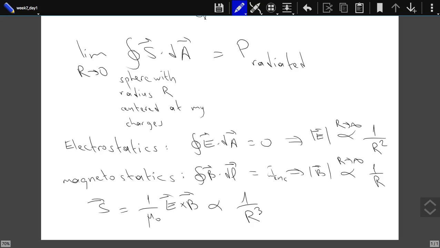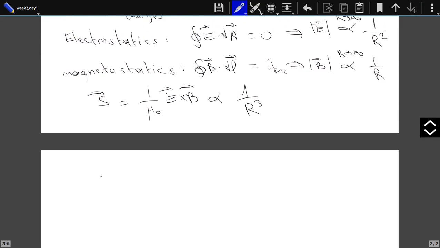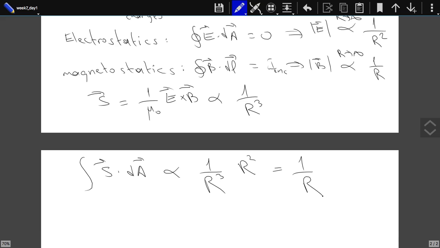If you evaluate the integral S dot dA, S behaves as 1 over r cubed, and the surface area of a very large sphere will go as r squared. So this integral behaves like 1 over r, and the radiated power will just go to 0. There's no power radiated from such fields.